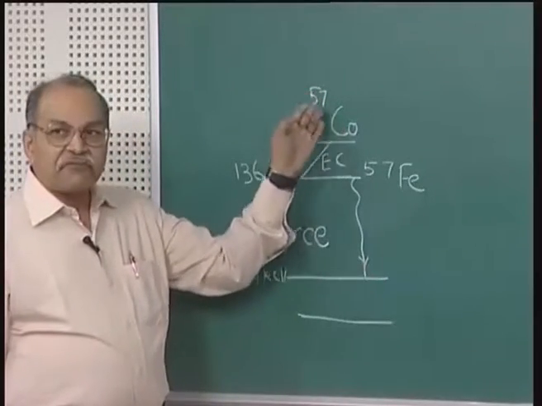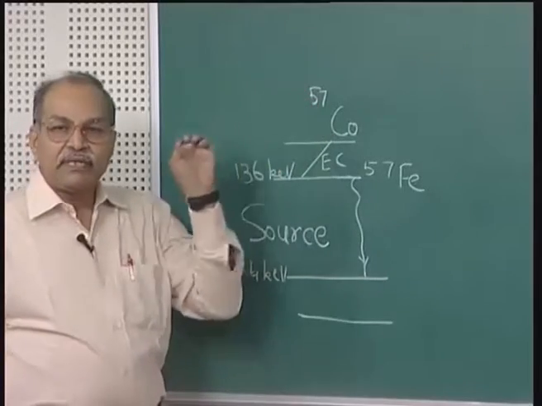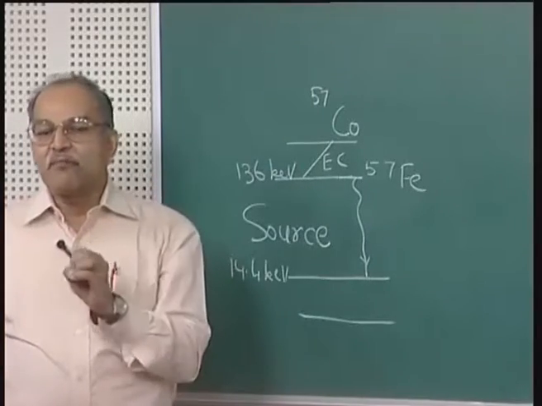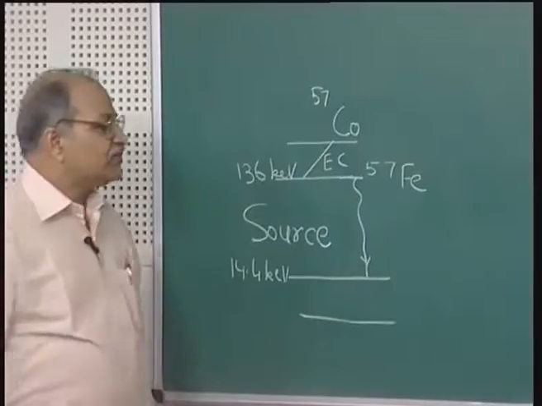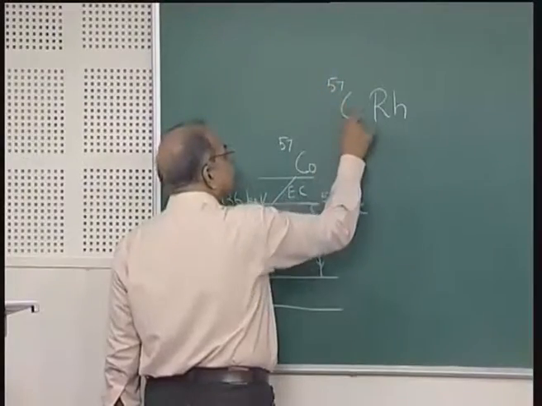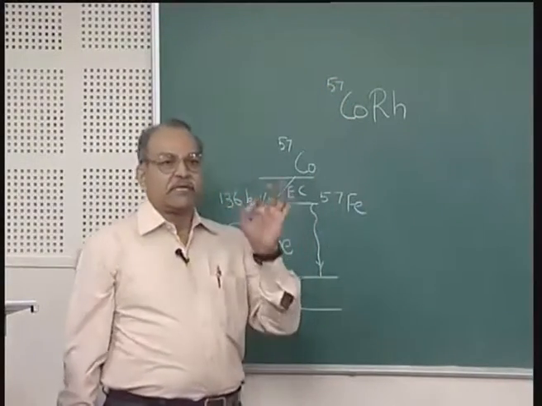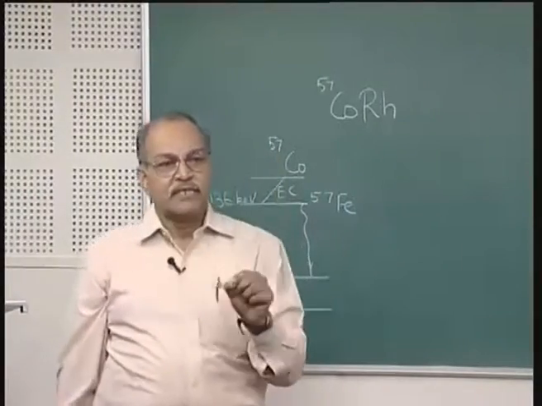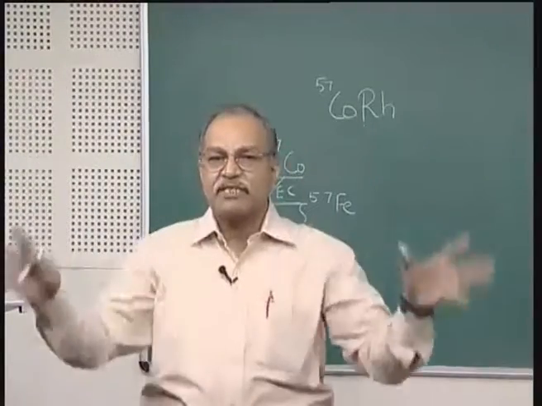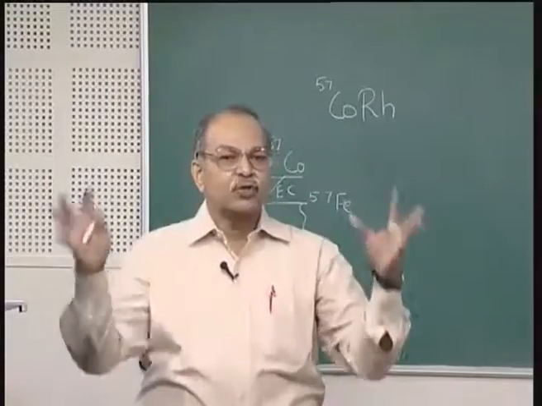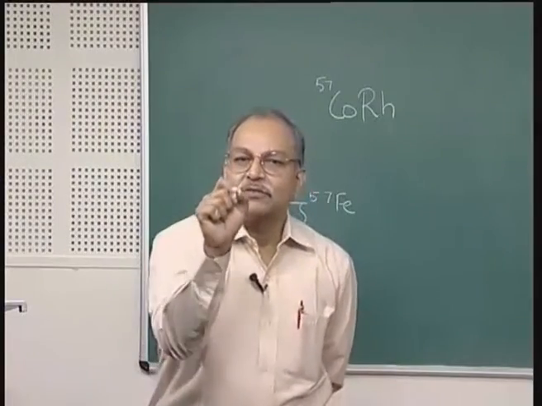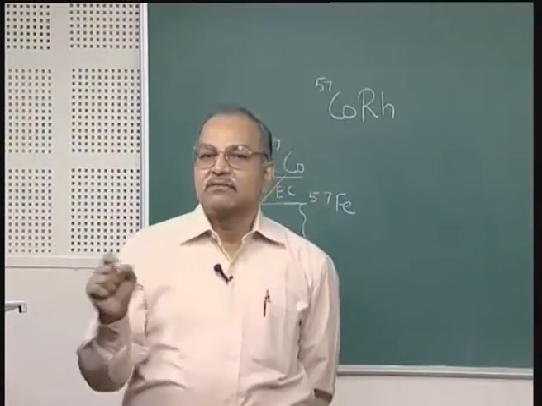So, this cobalt 57 isotope is embedded in a cubic non ferromagnetic material. Most of the time the choice is rhodium, Rh. So, cobalt 57 is embedded, it goes and sits at rhodium sites in very dilute proportion. So, you have rhodium, a material with cubic crystal structure, and in that the manufacturer puts these cobalt 57 nuclei here and there.